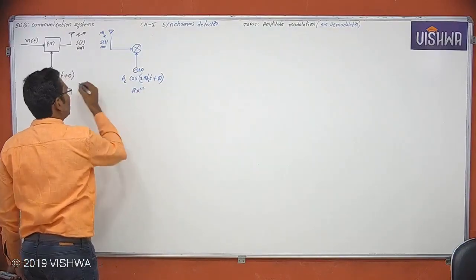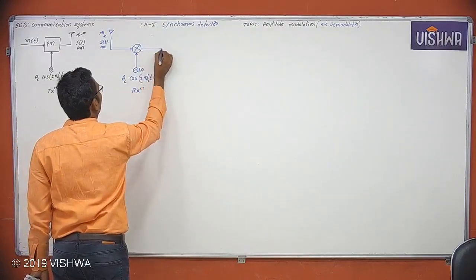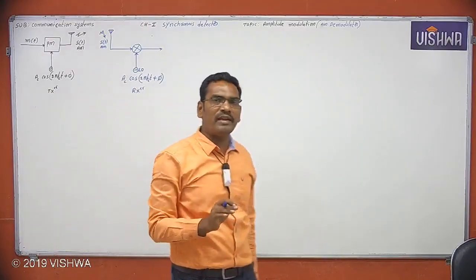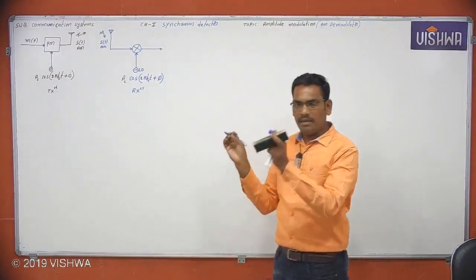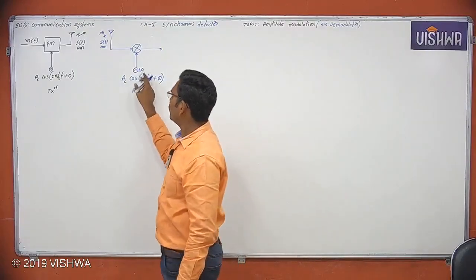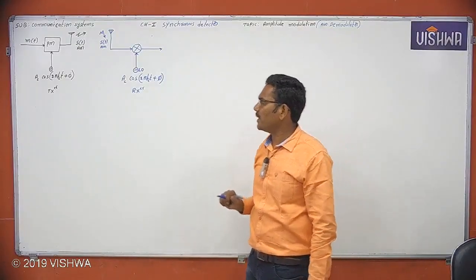Right? Now there is a phase difference of phi. So if the local oscillator is not able to generate the same phase, some phase is mismatching. Okay. Now frequency is matching, but the phase is mismatching. What happened? We will see.